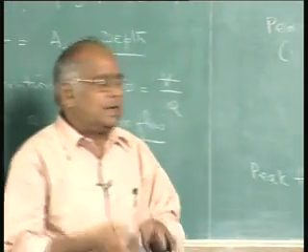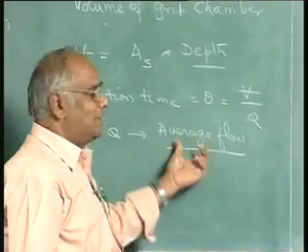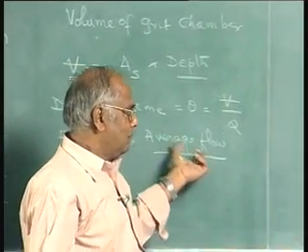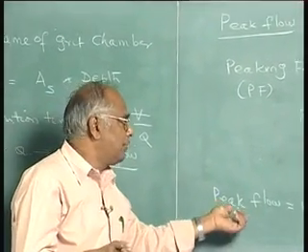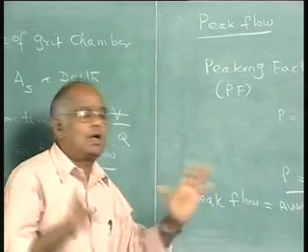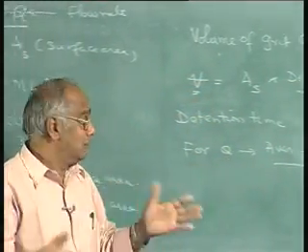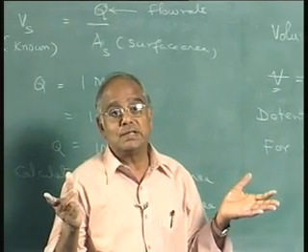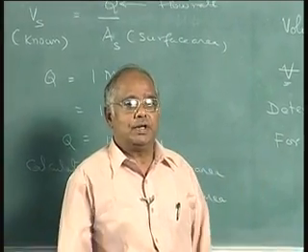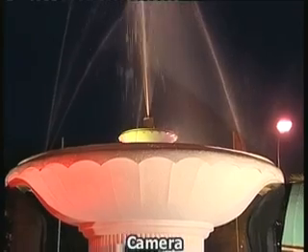Now, I have designed a system for the average flow, then I should check whether it is going to work for the peak flow or not. Peak flow is always more than the average flow, and I check it, and if it works, it is fine, the design is fine. That is what we are going to do.